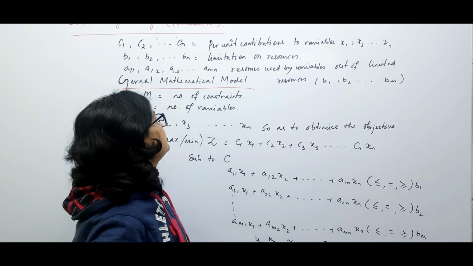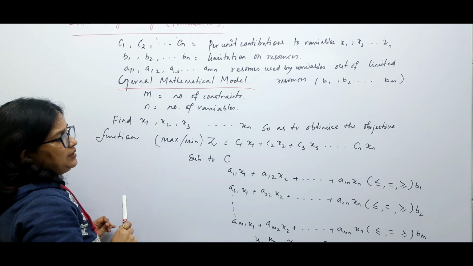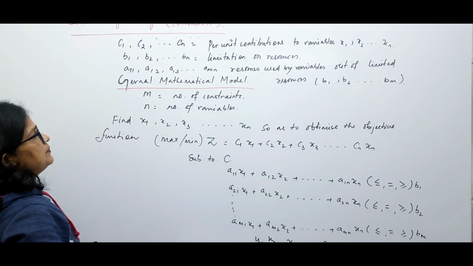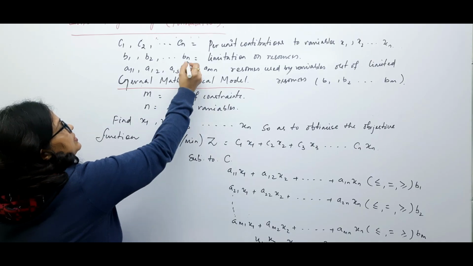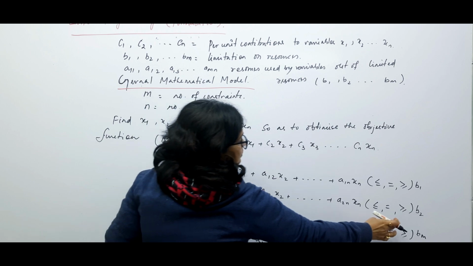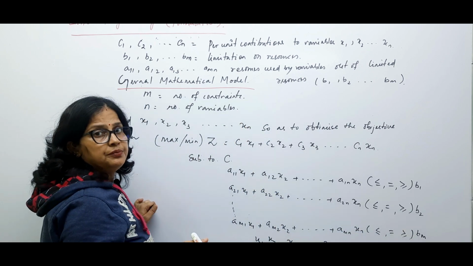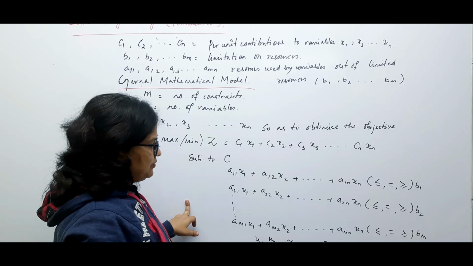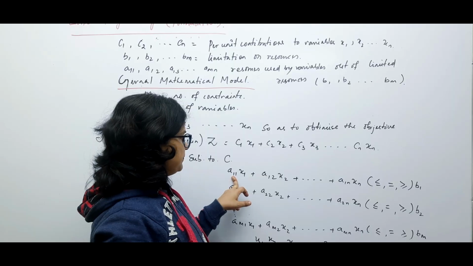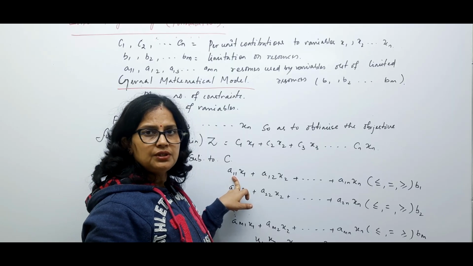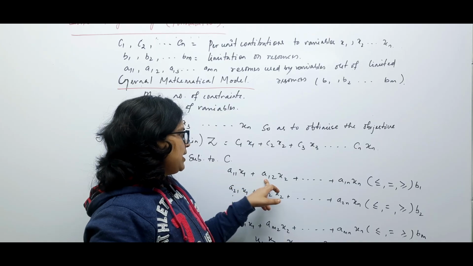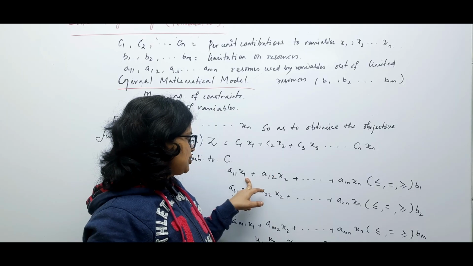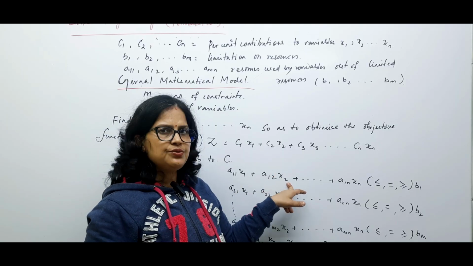B1, B2, up to Bm are the limitations of resources. Because we keep using them, a11, a12, a13, like this, is the part of the resources we are using for each variable x1, x2, x3.